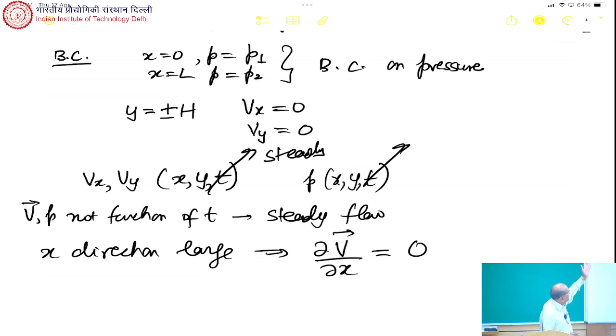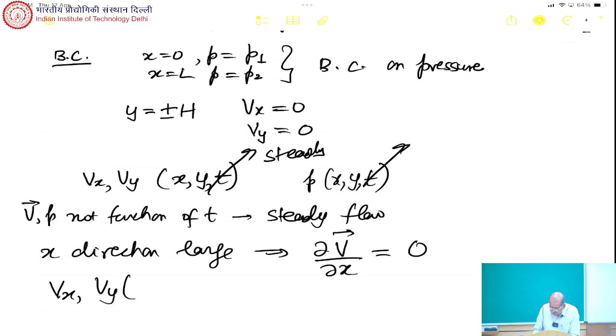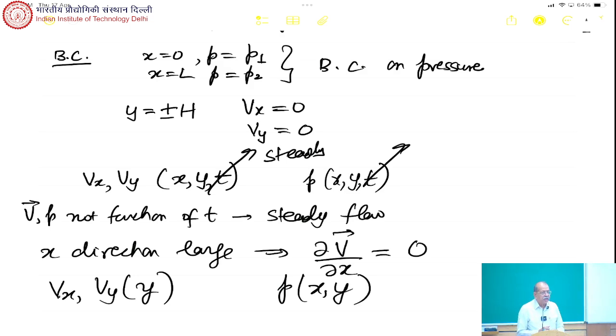Obviously, pressure is a function of x. It is given to you in the problem. There are P1 and P2 which are not equal. Okay. So that means if this also goes away, Vx and Vy are only functions of y, and pressure could be a function of x and y. Is that fine?